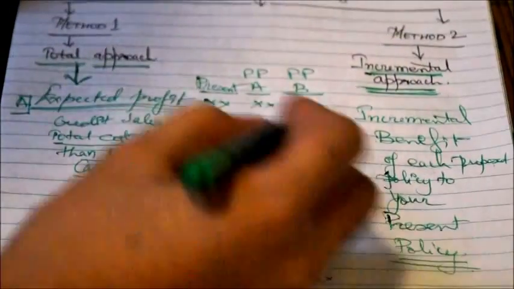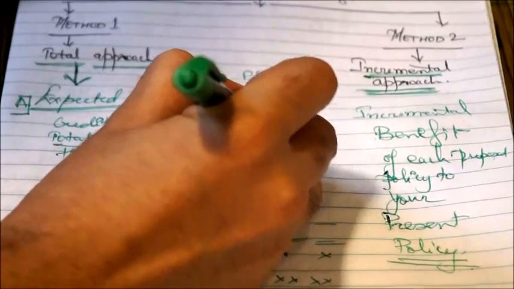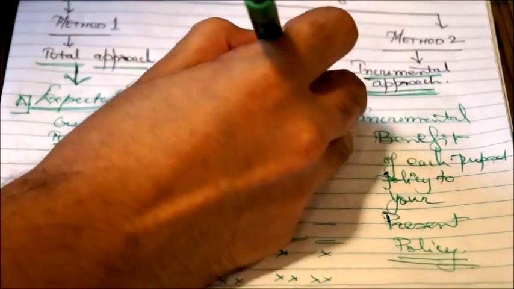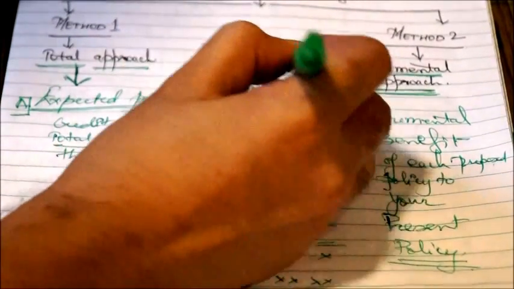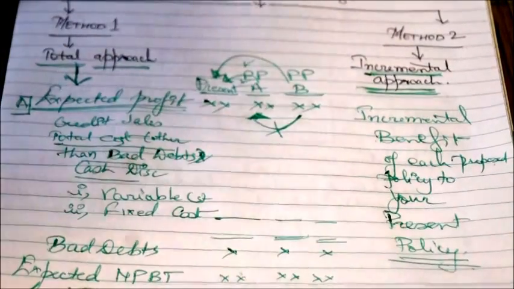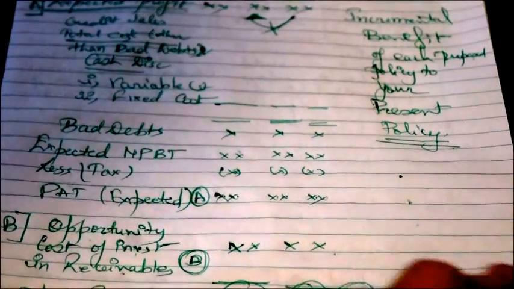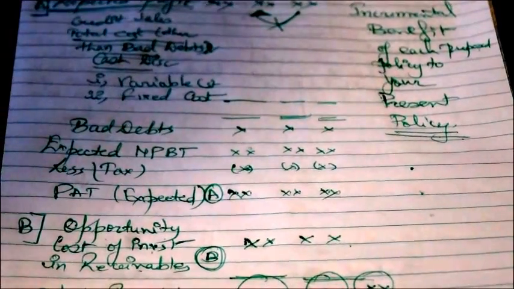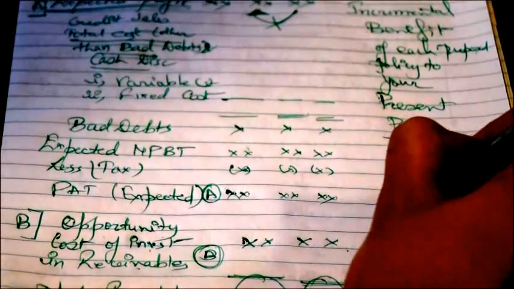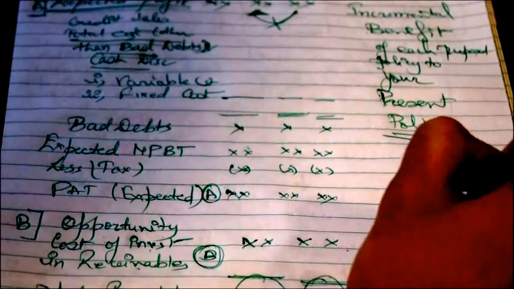So he will evaluate just the difference between present policy and policy A. He will not calculate the difference between policy A and policy B. This is wrong. He will calculate difference between present policy and policy B and present policy and policy A. This is right, and this is how he will get his incremental benefit, and he will pick a policy whose incremental benefit, which means whose benefit from the current policy is higher. So the one with a higher incremental benefit will be selected.